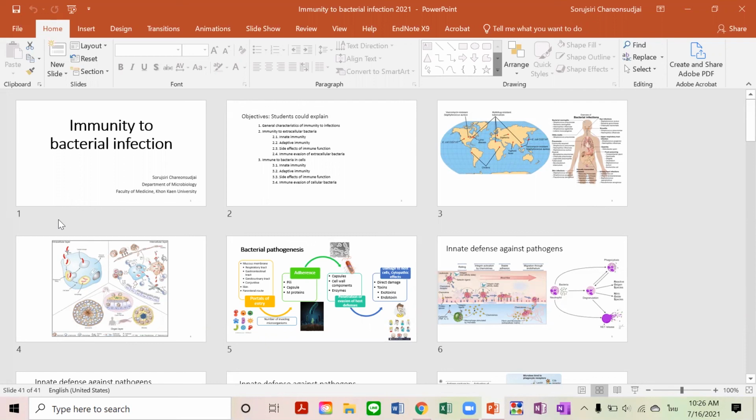Actually, there are many mechanisms, and some bacteria can modulate their genes to produce proteins that interact with the antibiotics.